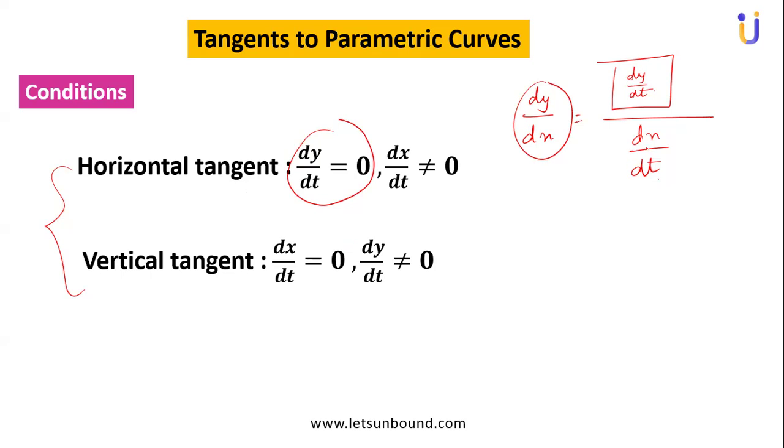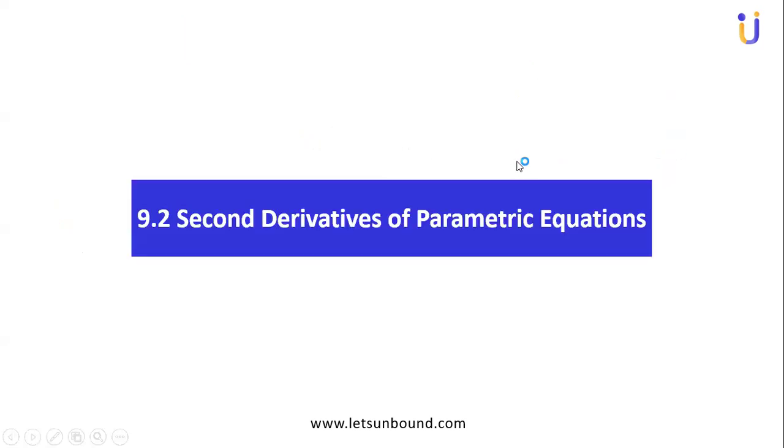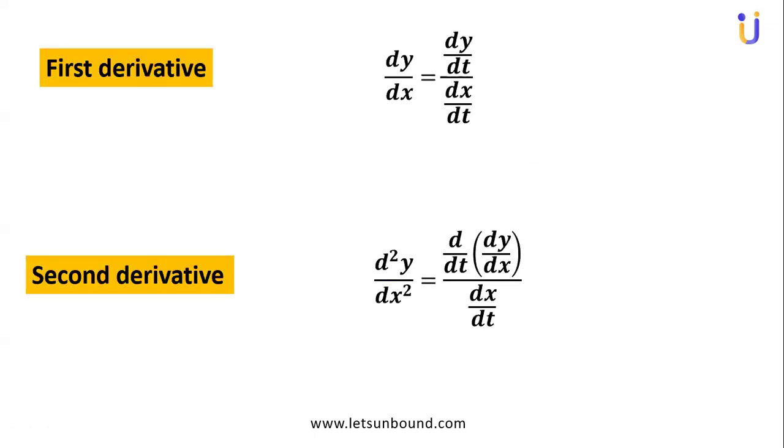You should know dy by dx is something like this, horizontal tangent numerator 0, vertical tangent denominator 0, right? Now, second derivatives of parametric equations. This is important. The first derivative is this. For the second derivative, you just do d by dx, right? But you see one thing, the denominator remains untouched.